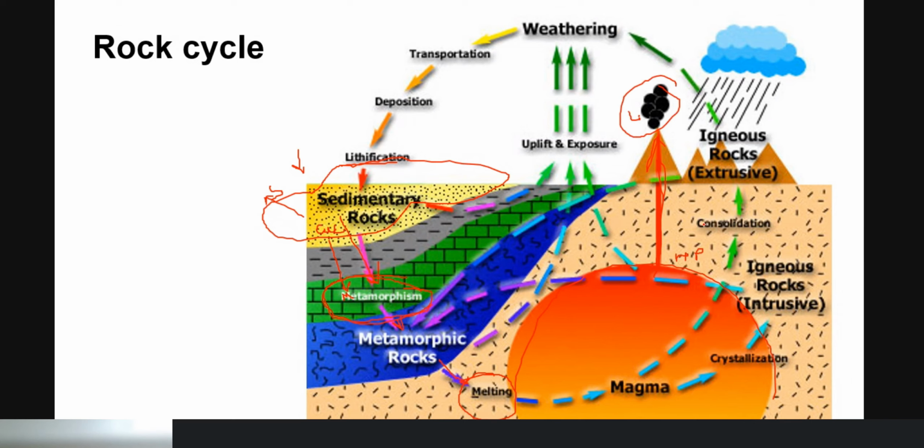And if magma crystallizes slowly at this place, the minerals will cool at a slow rate. So here we will get coarse grain, compact igneous rock, and here we will get fine grain igneous rock or glassy material.